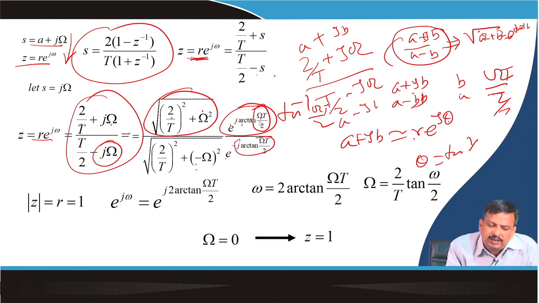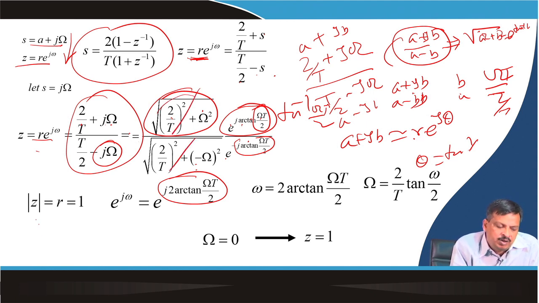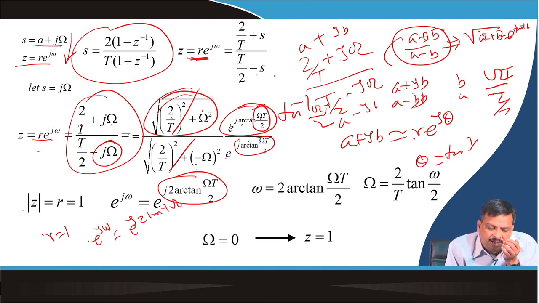So when I do it, e to the power 2j theta, so r is equal to 1, because this one is cancelled. So I can say that r is equal to 1 and e to the power j omega is equal to e to the power j 2 tan inverse omega t by 2.